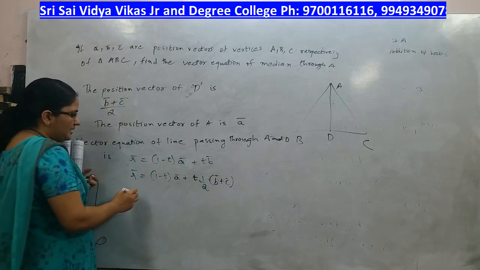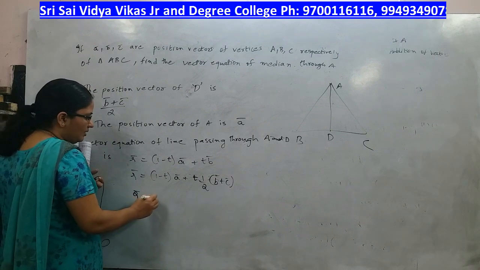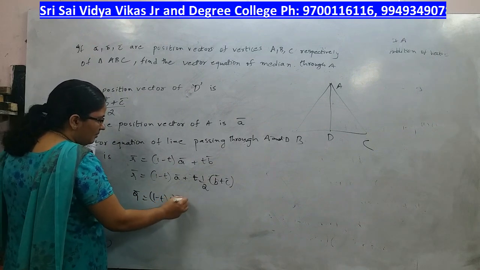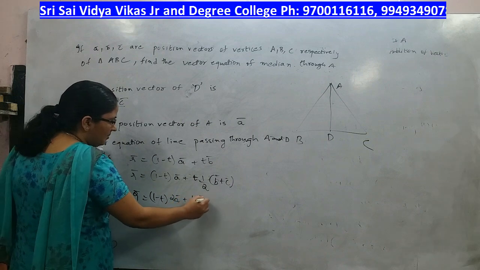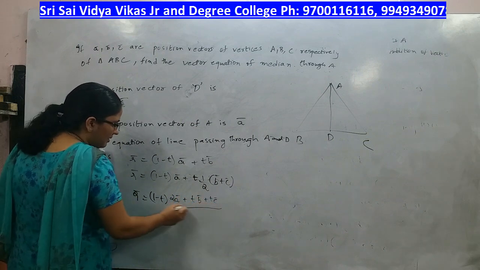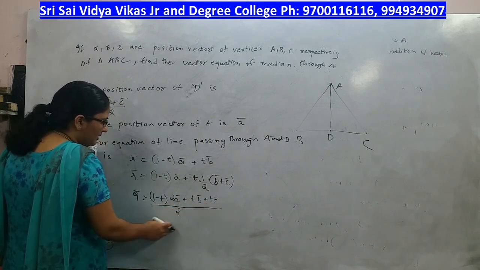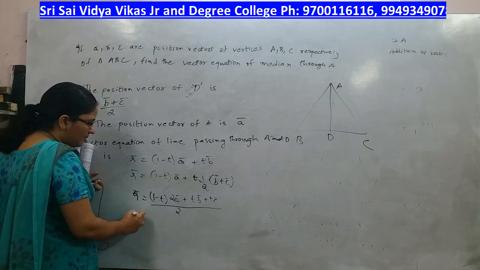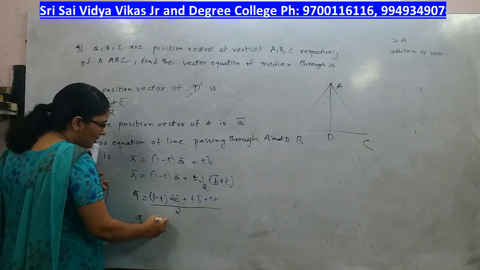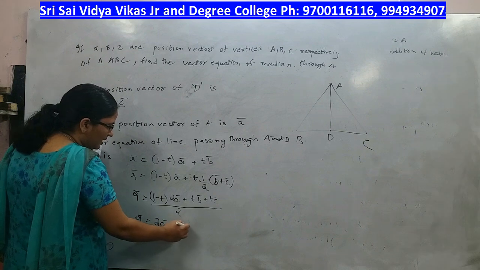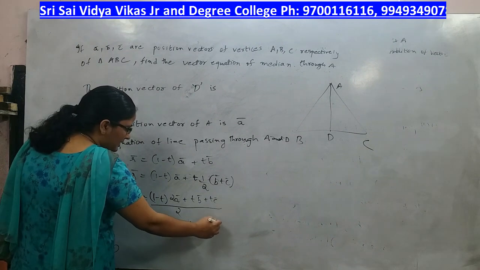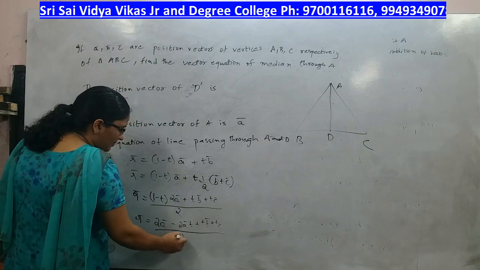If you take LCM, R bar is equal to (1 minus T) 2A bar plus T B bar plus T C bar, all by 2. That is nothing but R bar is equal to (2A bar minus 2A T plus T B plus T C) by 2.